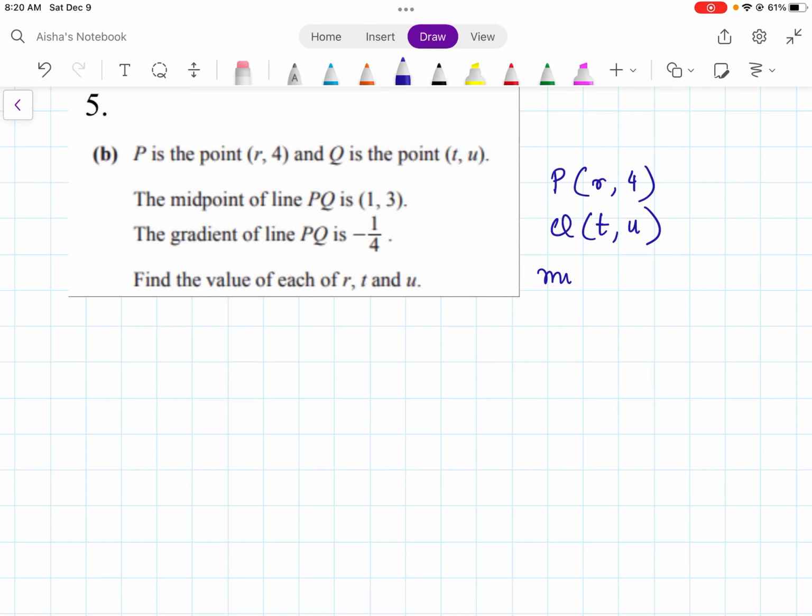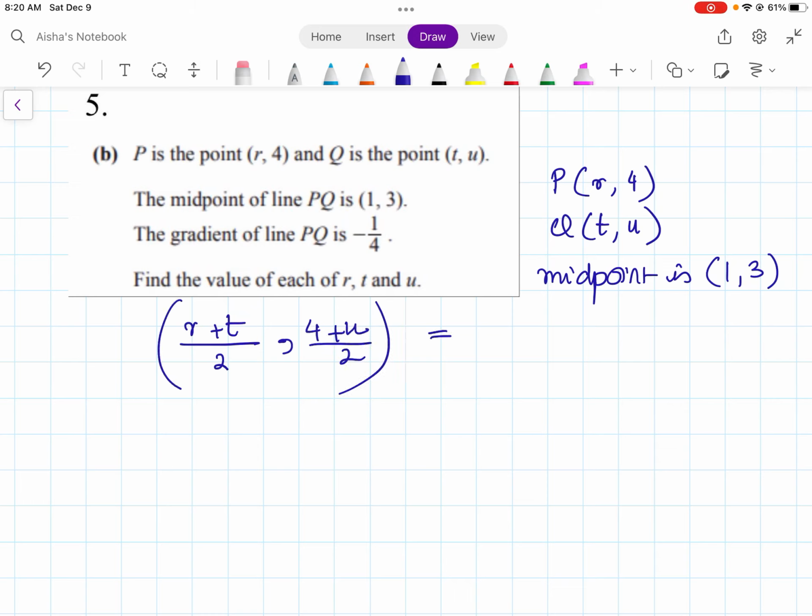The midpoint of line PQ is given as 1 comma 3. That means r plus t upon 2 comma 4 plus u upon 2 is equal to 1 comma 3.